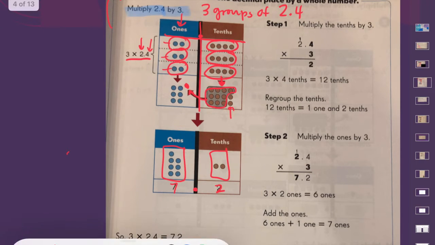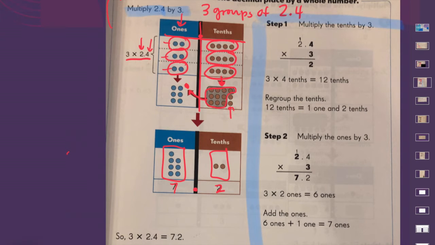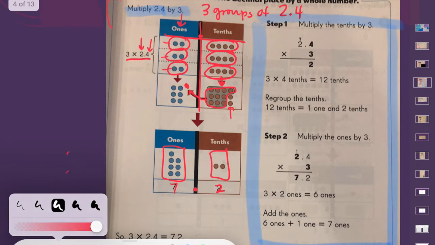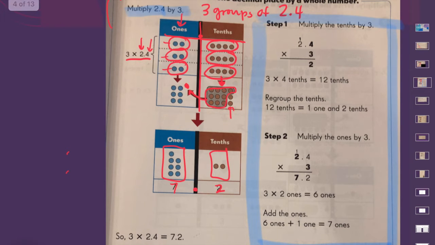Now let's look at the standard algorithm over on this side, and let's relate it to what we were seeing as we were using the place value chart to help us multiply. So step 1 is to multiply the tenths by 3. So 3 times 4 is 12, and so 1 goes up top, 2 goes down below.